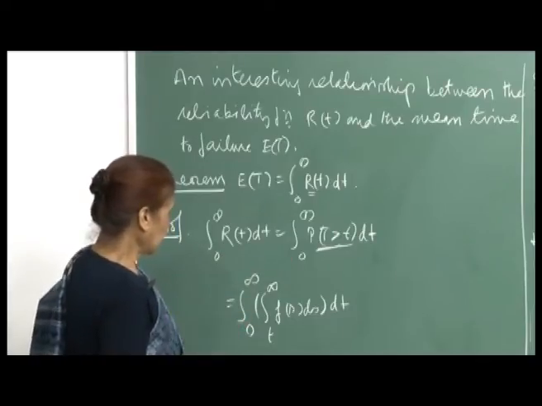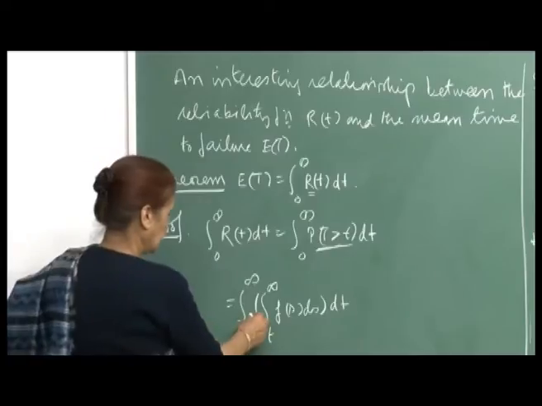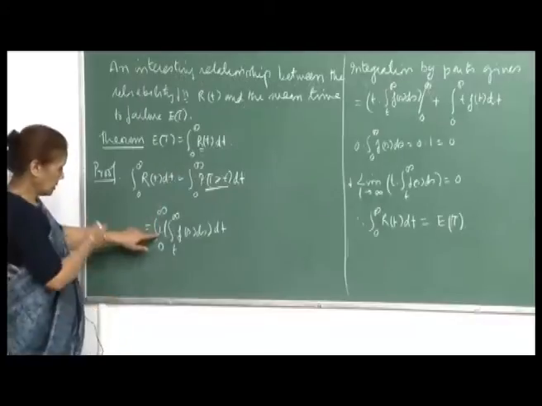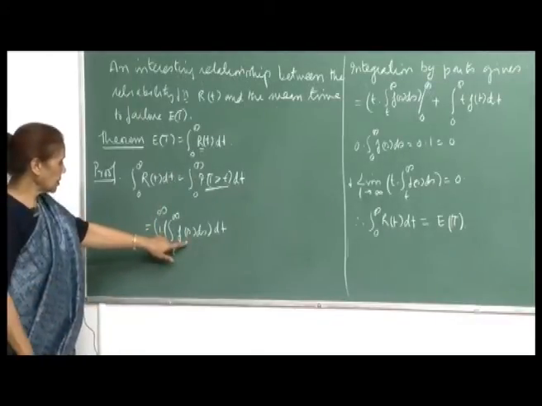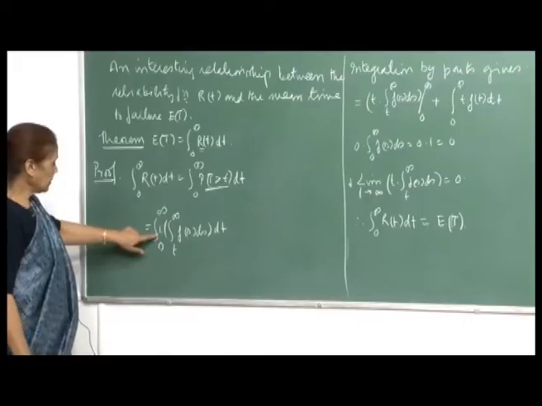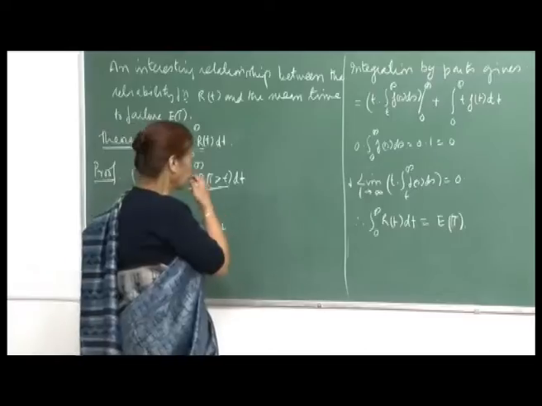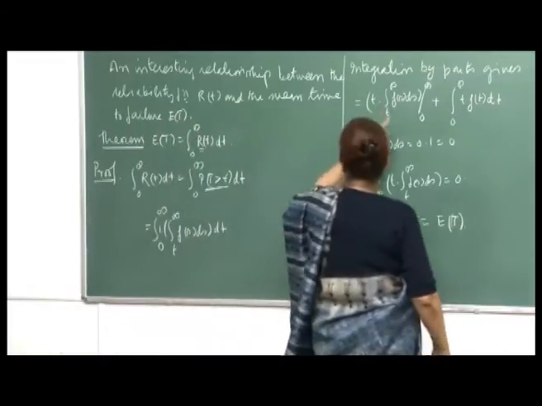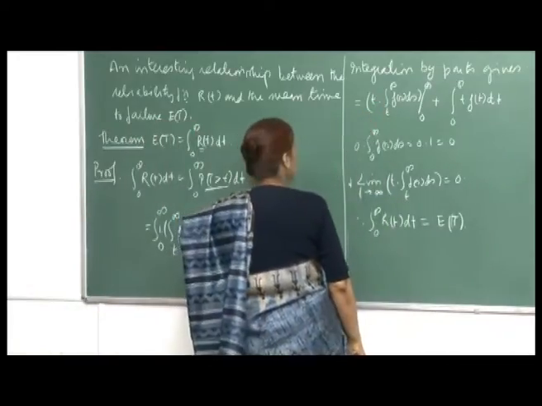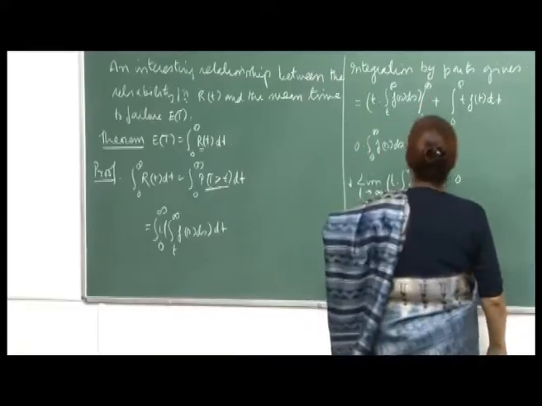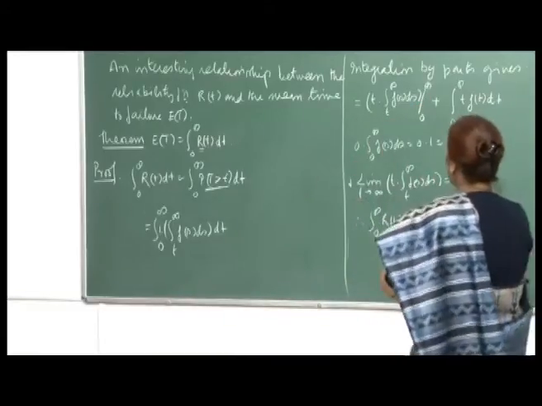Now, let us integrate by parts. I will treat this one as the first function and this is the second function. The integral of the first function would be simply t, and so we want to have t into integral t to infinity f(s) ds from 0 to infinity, plus. Why will it be plus?